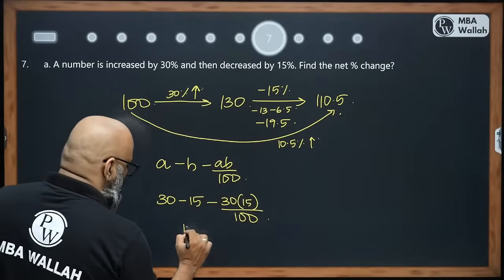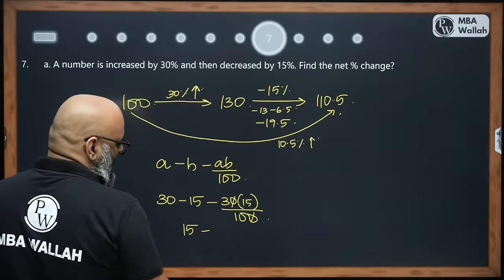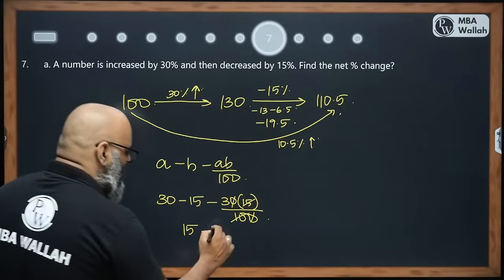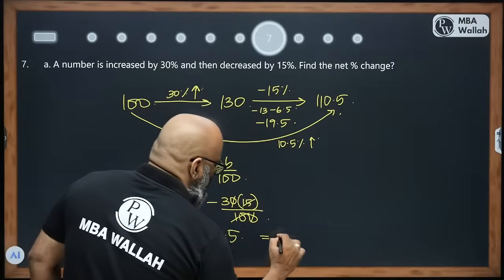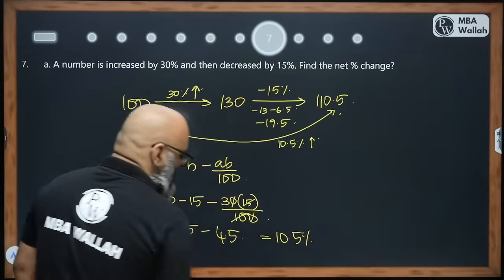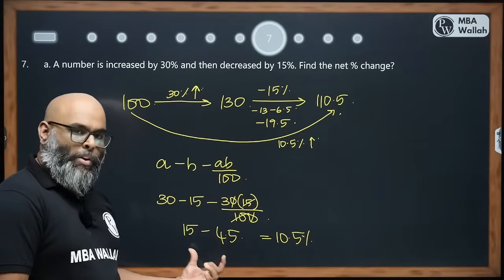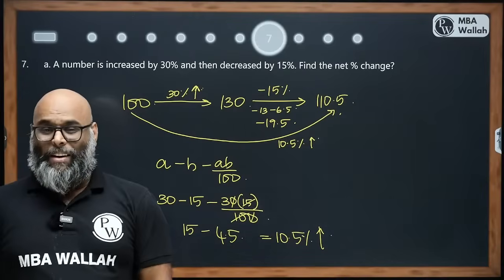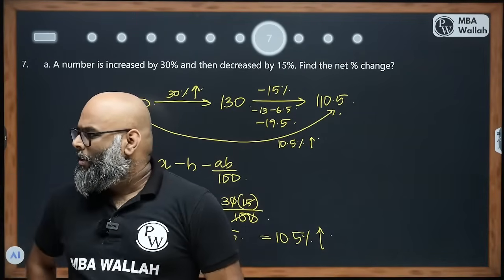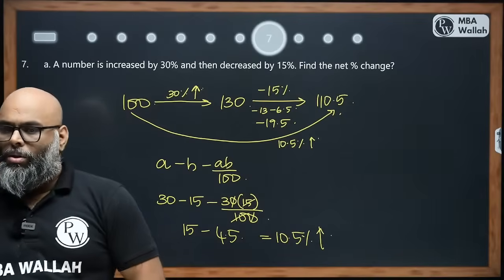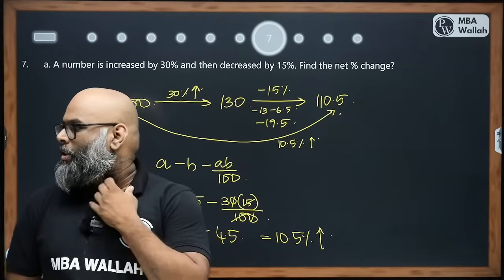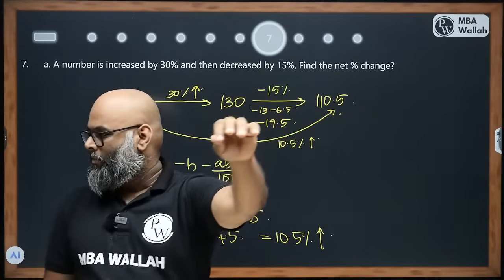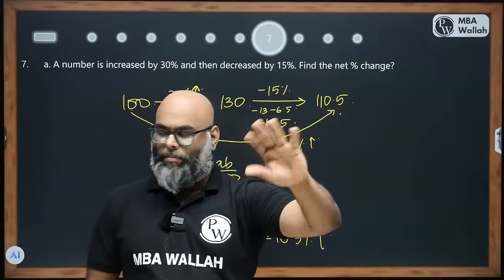So this will be 15, minus 1.5 into 3, which is minus 4.5, giving 10.5 percent. Notice this is positive, so I will call this increase. If the net outcome is negative, you will say it is decrease. Clear? Any doubts? Any questions? We'll hop on to the next question, shall we?